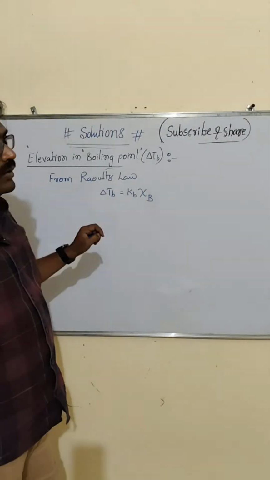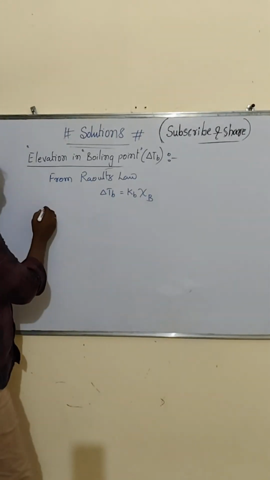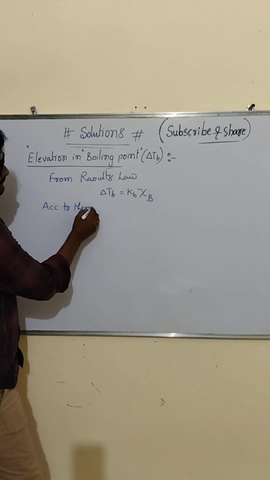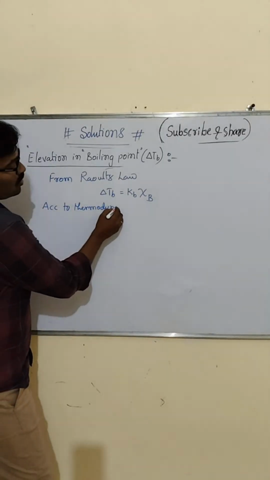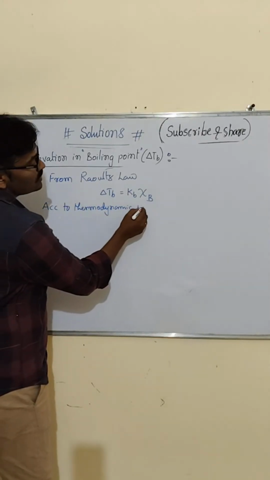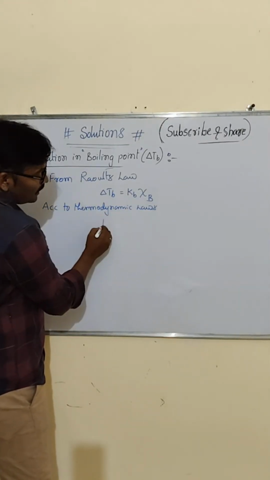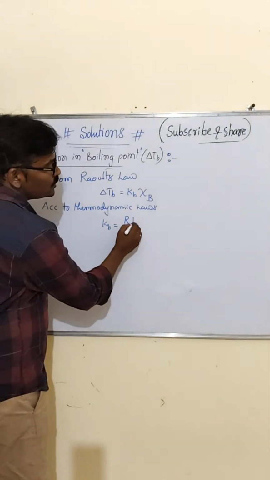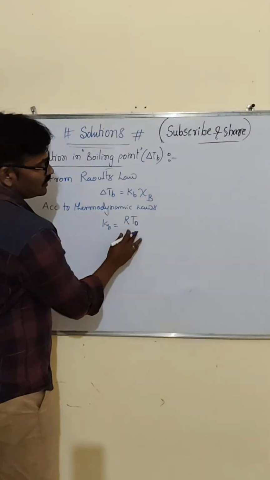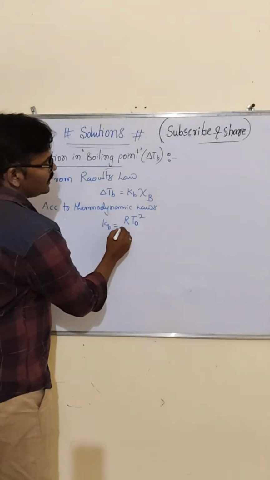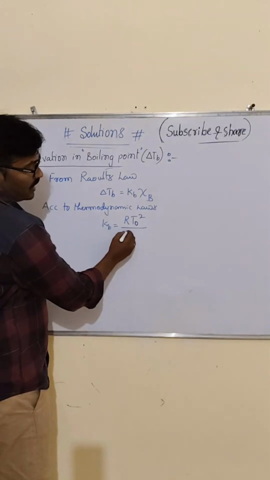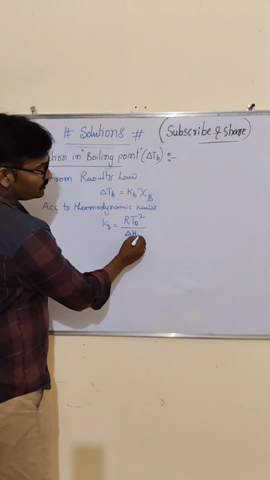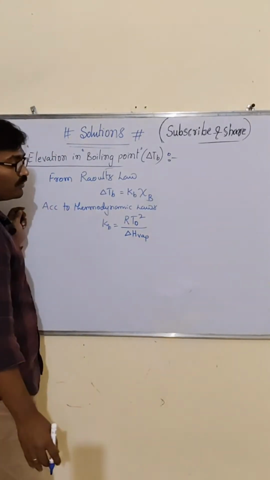Then, according to thermodynamic laws, Kb equals R into T naught square divided by the change in the enthalpy of vaporization.